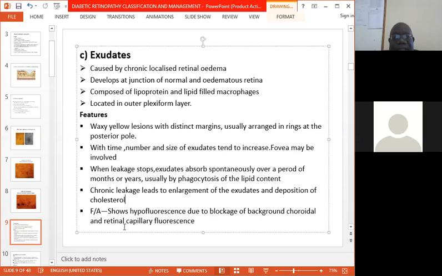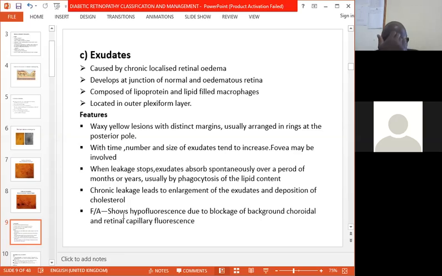With time, the number and size of exudates tend to increase, obviously. If there is continuous leakage, slowly the exudates will increase over months, over years, usually with phagocytosis of the lipid content by other cells. Chronic leakage leads to enlargement of the exudates and deposition of cholesterol.